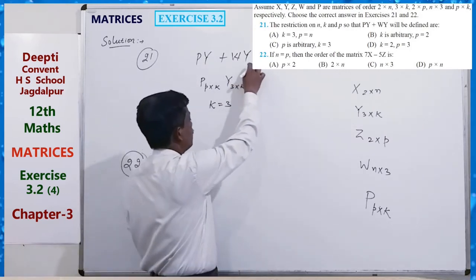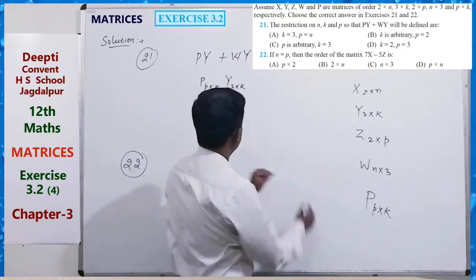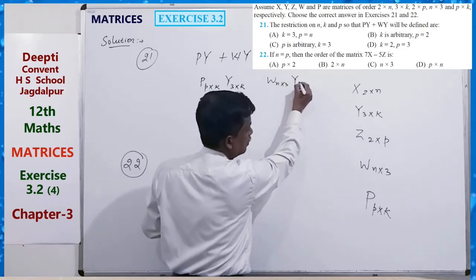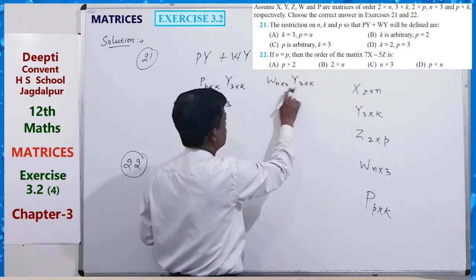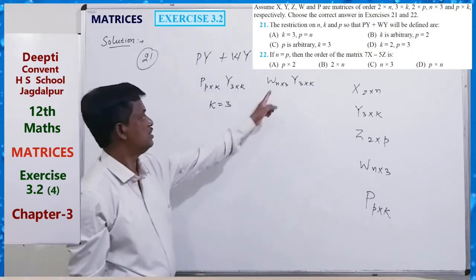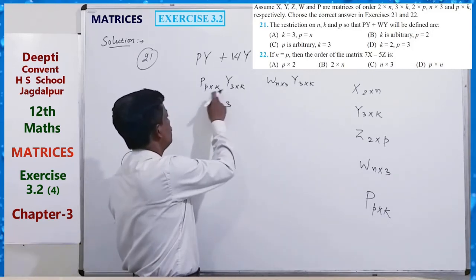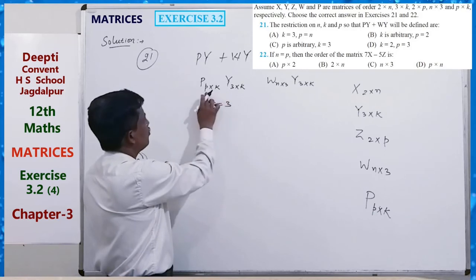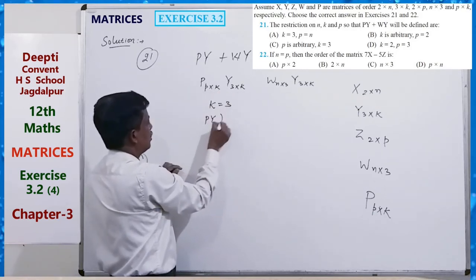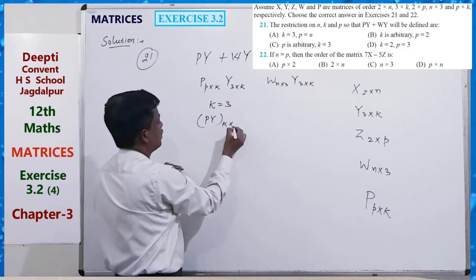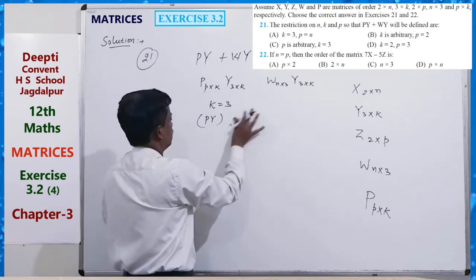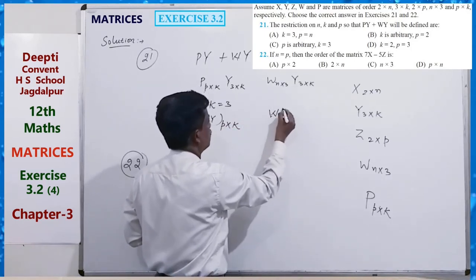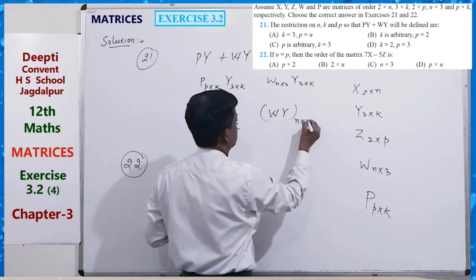And for defining wy, w is n by 3 and y is 3 by k. So these two are equal, this is defined, and k equals 3. The order of py will be p by k, and the order of wy is n by k.